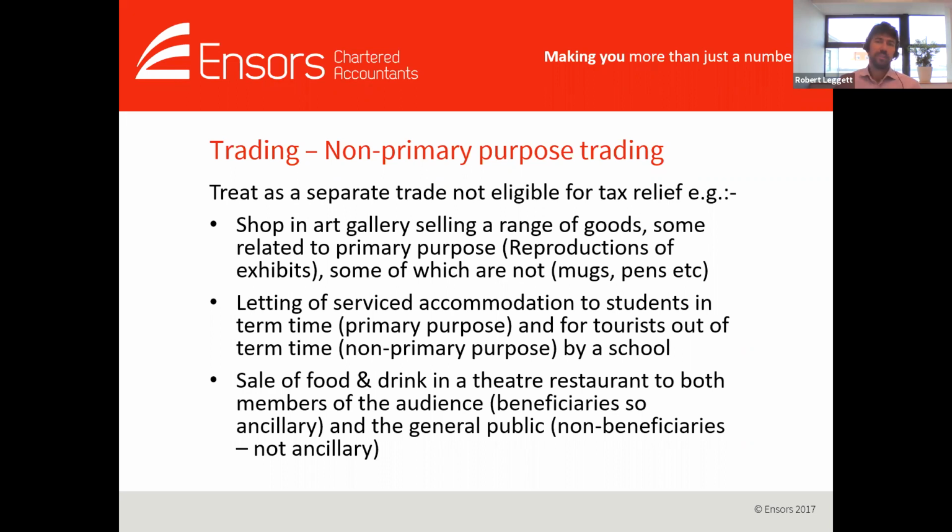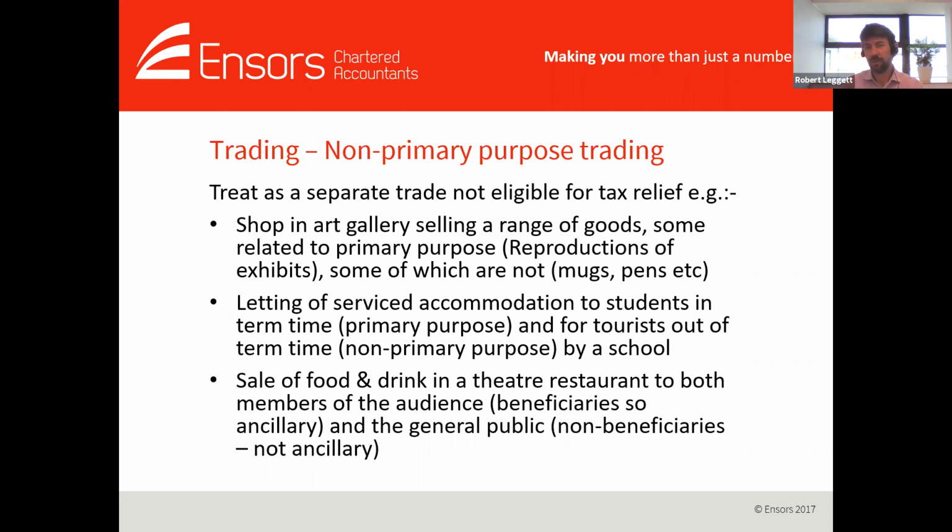We do see plenty of things which are non-primary purpose. These we have to treat as a separate trade, not eligible for the tax relief and therefore liable to income tax or corporation tax. So if we had a charitable art gallery, then the shop is likely to be non-primary purpose trading, except where it is very closely aligned to the charity itself.